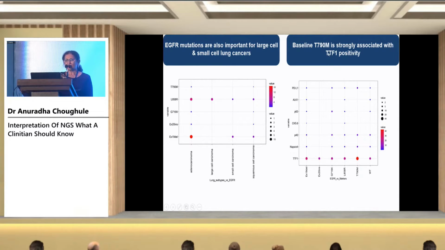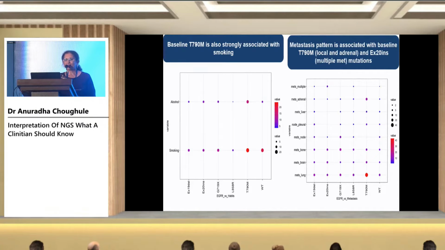Another interesting feature: at baseline, the T790M mutation is strongly associated with TTF1 positivity, as compared with other markers like Napsin A, PDL1 or ALK. T790M mutation is predominantly found with TTF1 positive.